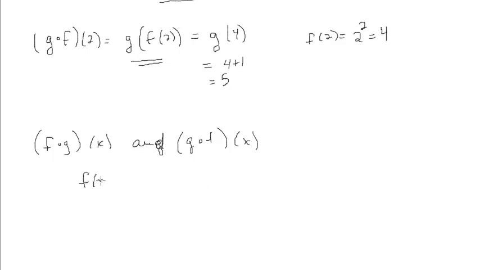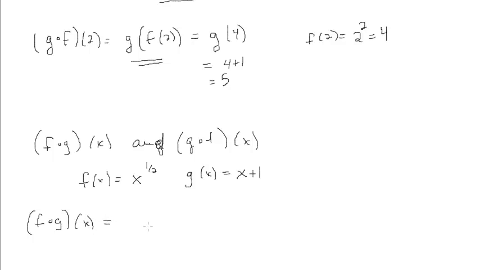We're told that f of x is equal to x to the 1/2 and g of x is equal to x plus 1. Okay, so in the above example, we were asked to find the composite function of a specific value. This question is just asking us to find the function in terms of x, but you go about it exactly the same way. So let's start with the f of g of x.